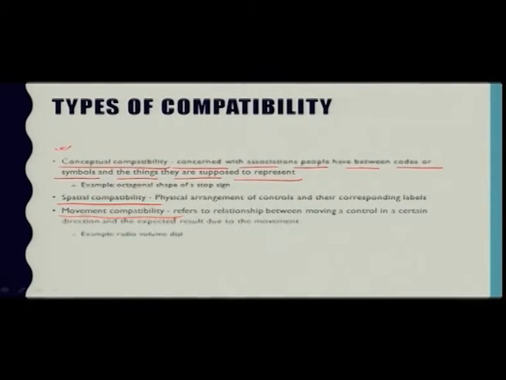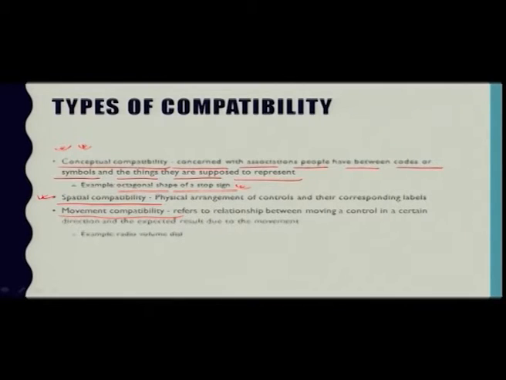Clicking an icon and identifying the operation performed can be considered an example of conceptual compatibility. Another example is an octagonal shape stop sign at a road intersection, to stop the vehicle.